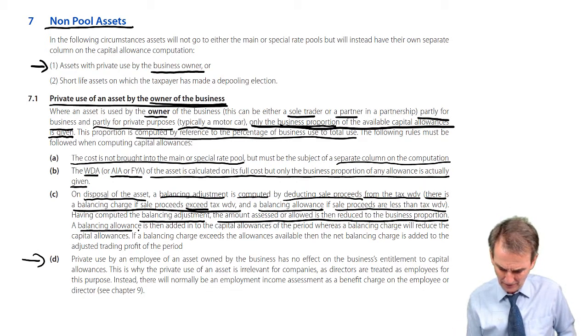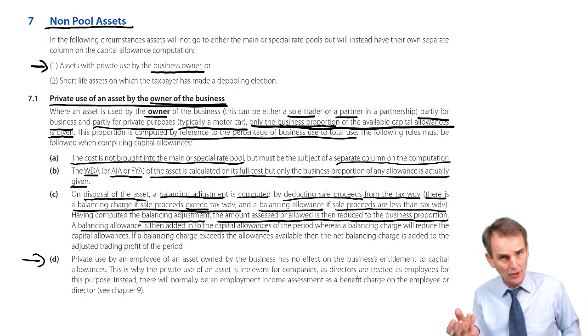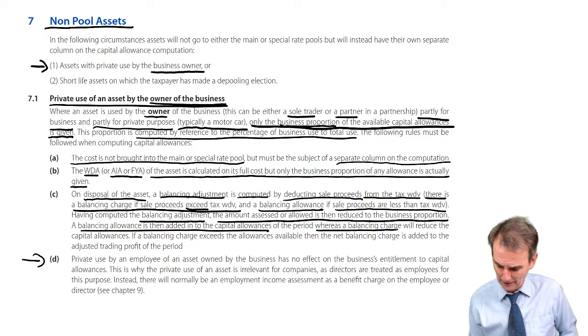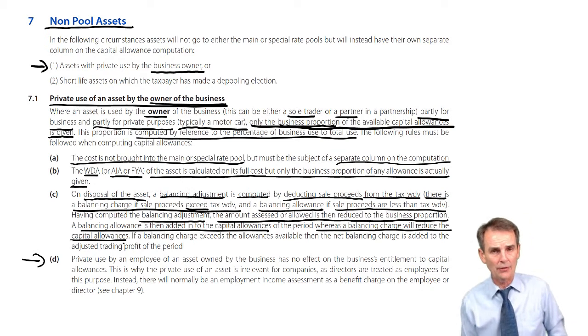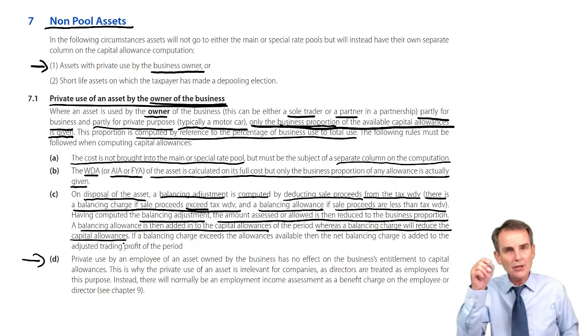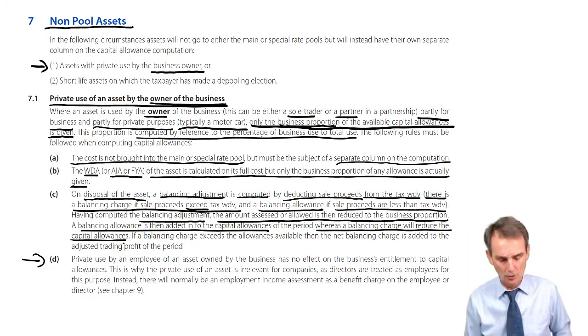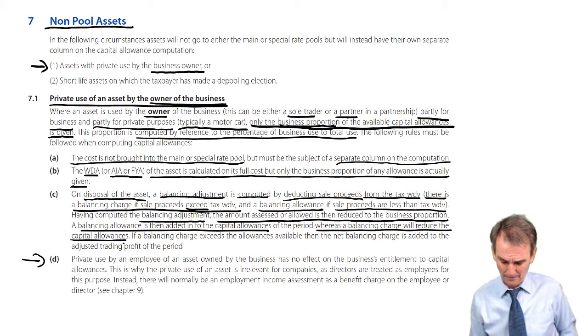A balancing allowance, if you have one, is added in the capital allowances. So in your allowances column, you add in the balancing allowance of the period. Whereas if it was a balancing charge, that will be serving to reduce the other capital allowances, so you put it in as a bracketed figure in your allowances available column. It would reduce those other allowances.